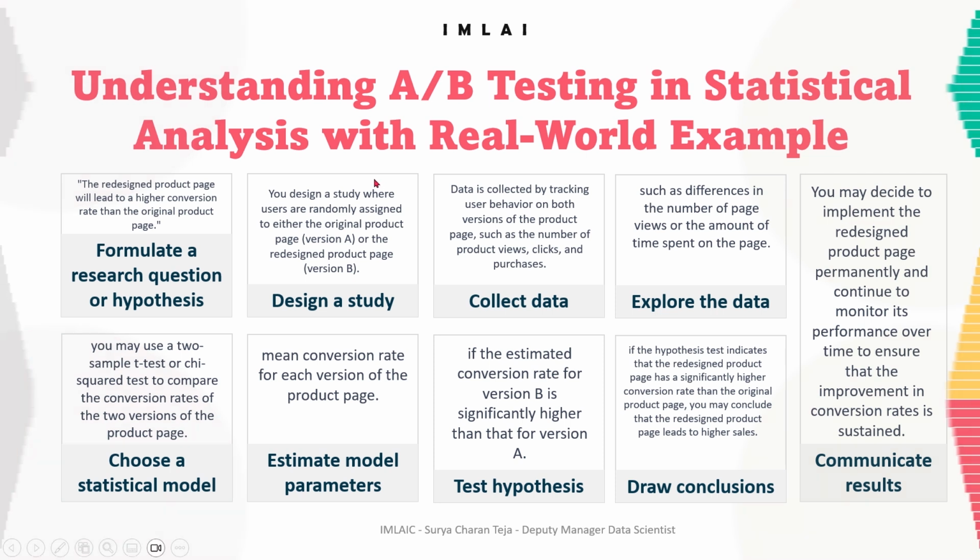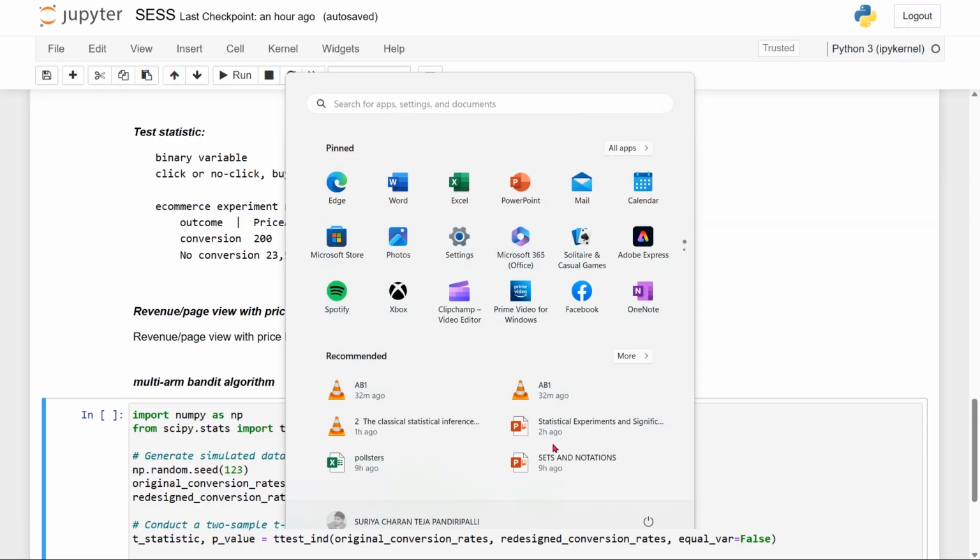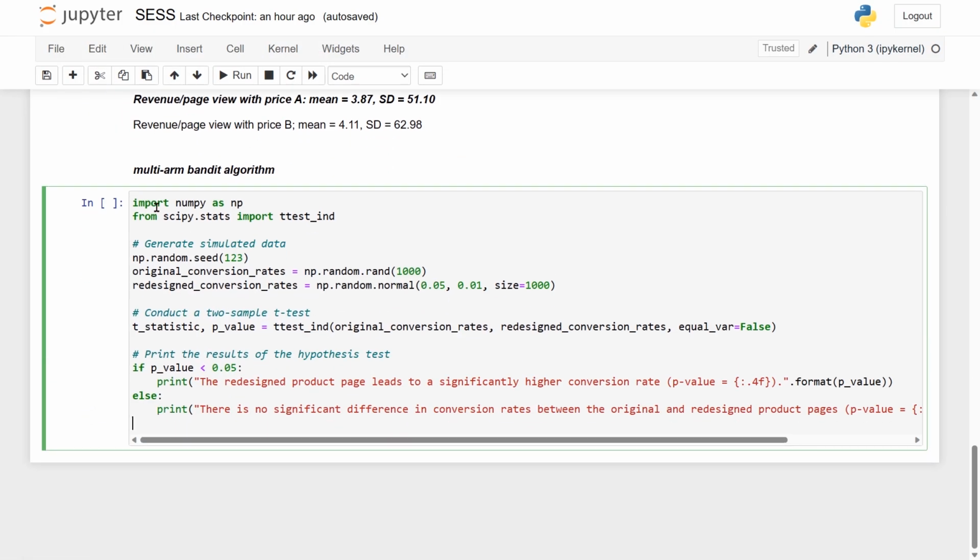So let's write a small piece of code to simulate this. So importing numpy as np, and then the scipy stats module. From the stats module, import ttest_ind. So now let's generate simulated data.